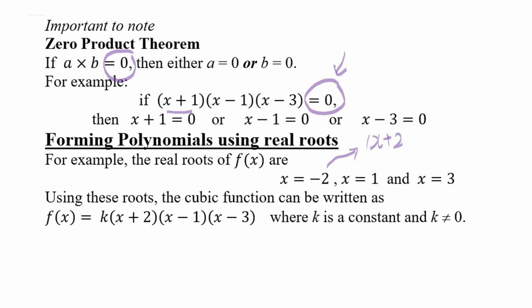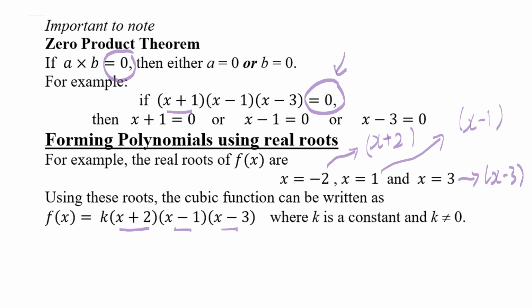And from x equals 1, it will be x minus 1. And from x equals 3, it will be x minus 3. If you multiply them all together, these are the three linear factors. If you multiply them together, you would have this.